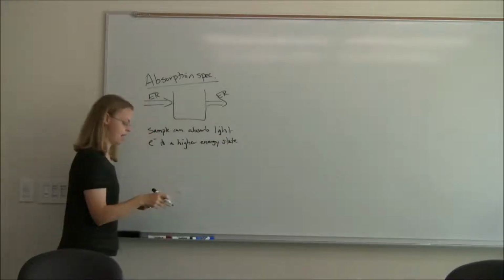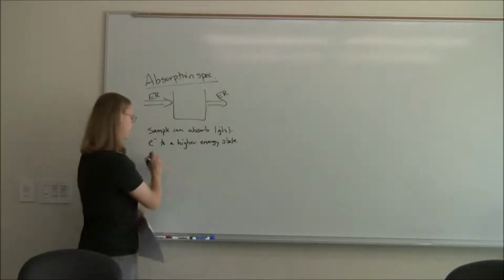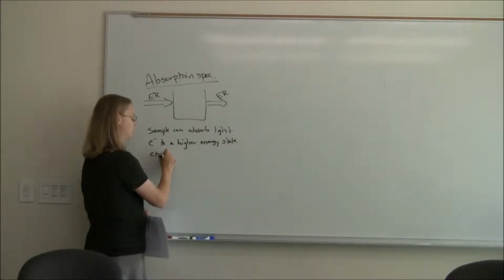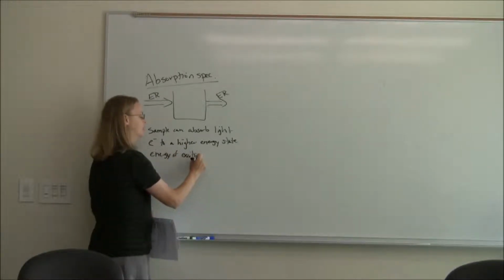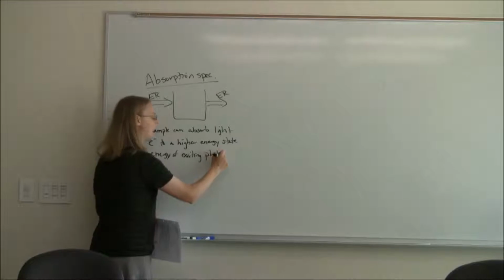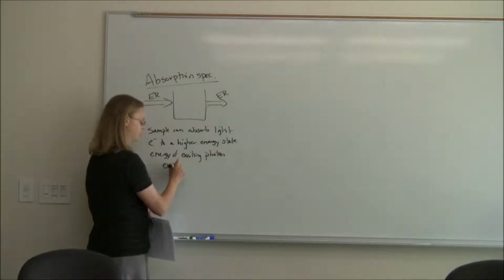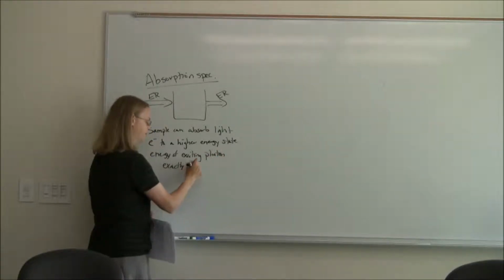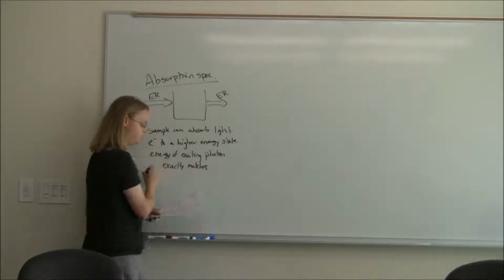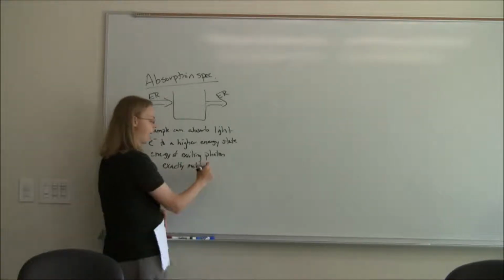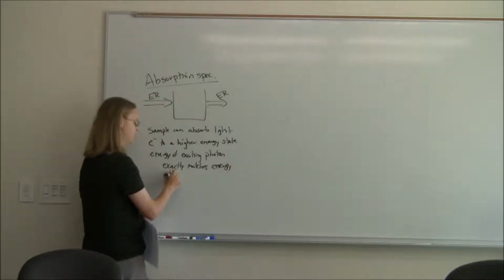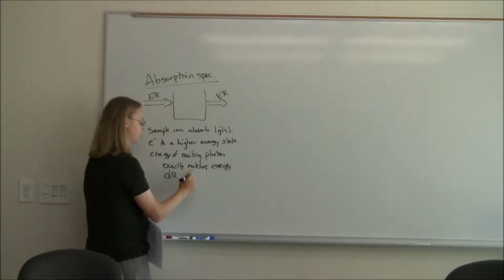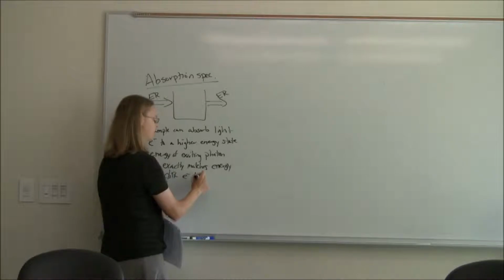And it does that only if the energy of the exciting photon exactly matches an energy gap or an energy difference in the molecule for an electron to go to an excited state.